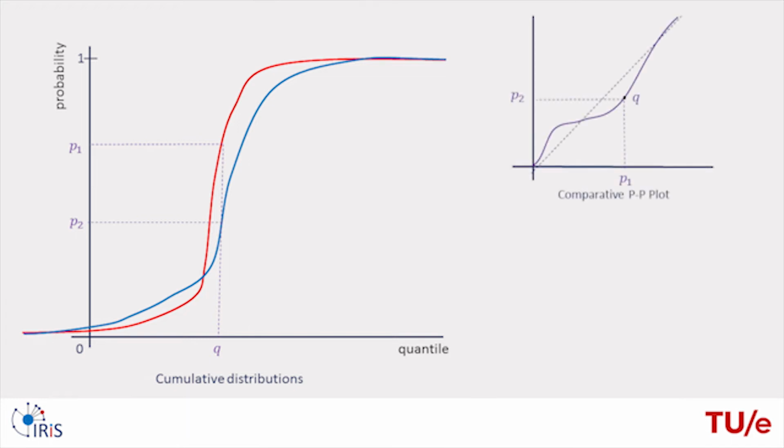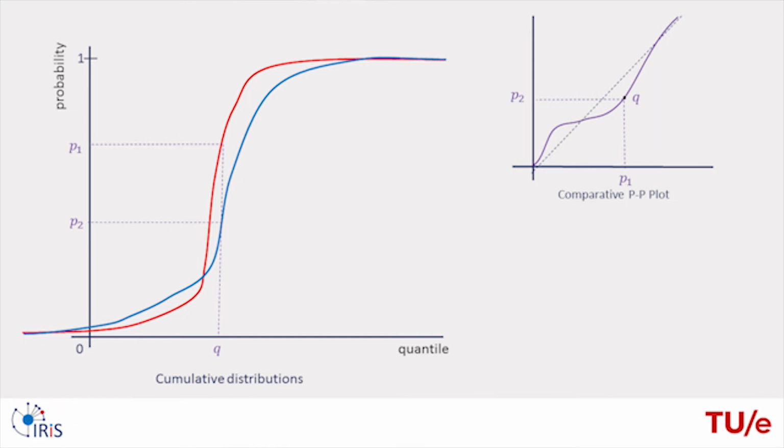If we plot these two values while we range over this quantile axis, we get something that should be a straight line if there were a perfect match, but often deviates from this straight line a little bit. And visually, checking whether something deviates from a straight line is easy.